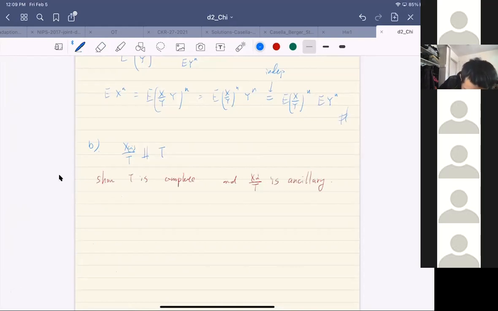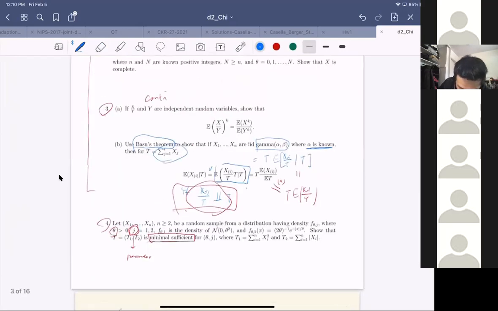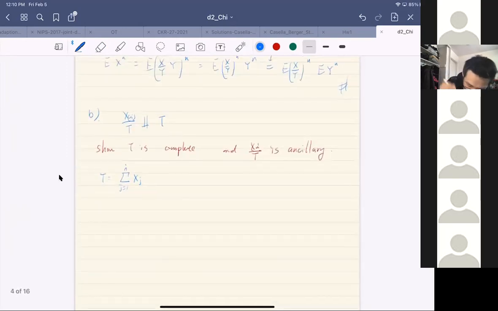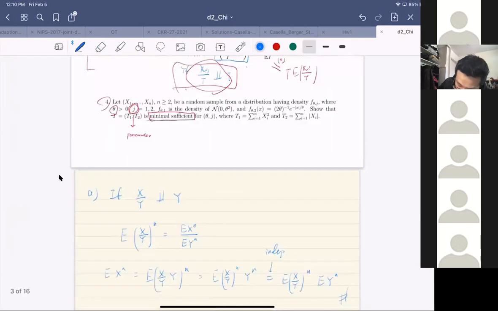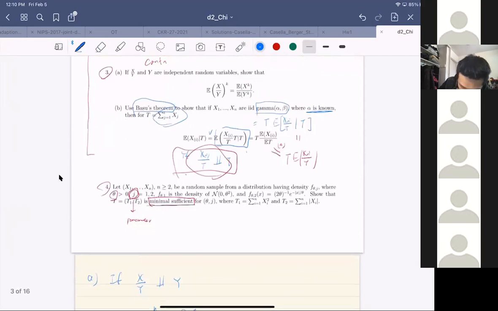So t is the summation of si from 1 to I, summation xj, j from 1 to I. So this follows the gamma distribution, I alpha beta. Yes, I alpha beta.